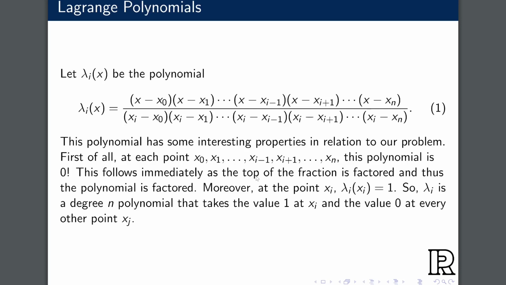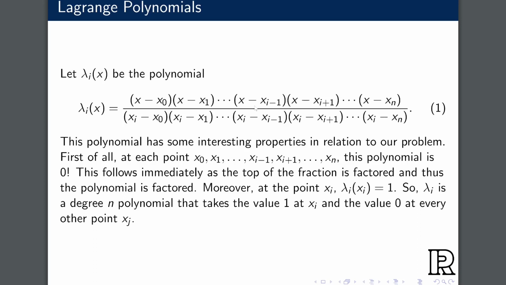So we're going to define this thing lambda i to be this kind of absolutely nasty looking polynomial. But it's actually kind of a beautiful polynomial. We have these points x0 through xn, and my goal in constructing this polynomial is I want a polynomial that is 0 at every xj other than xi.